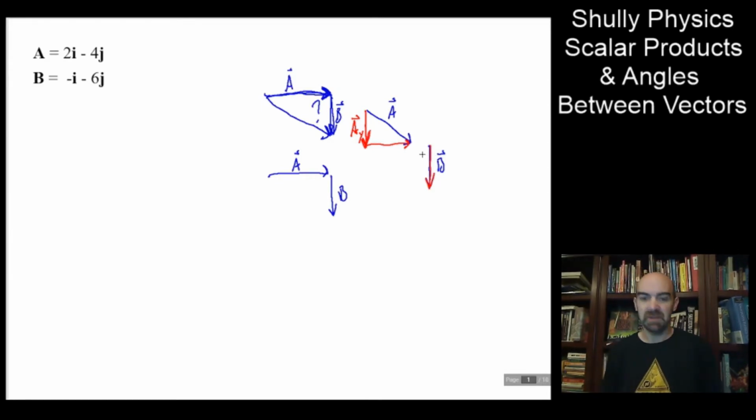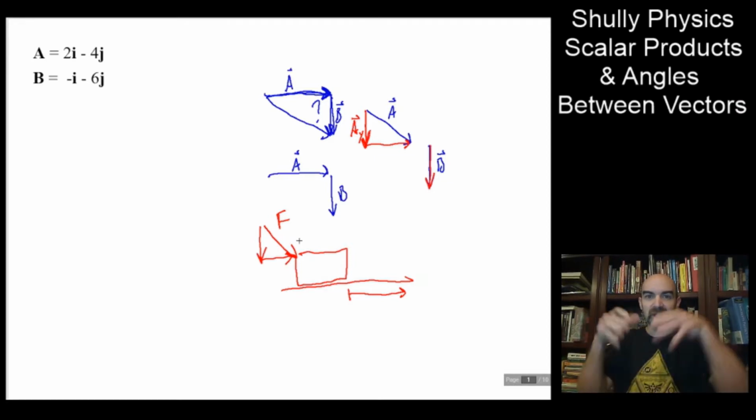Okay. Now there's a physical scenario where this might crop up. What if you've got a box on a plane and you're giving it a push with some kind of force here? Now you're going to move it in this direction to the right. Now that force has a horizontal component to it and a vertical component.